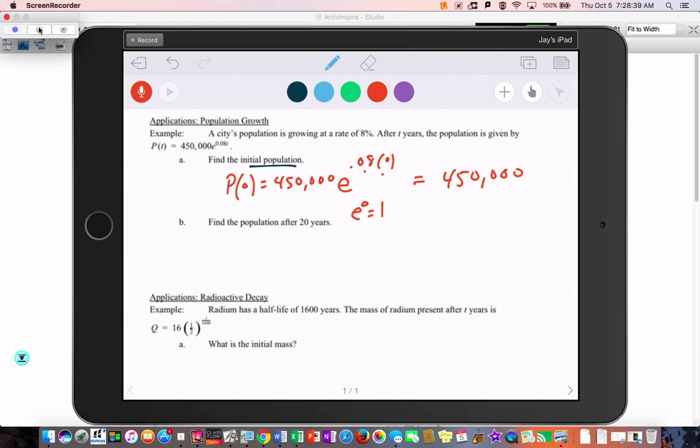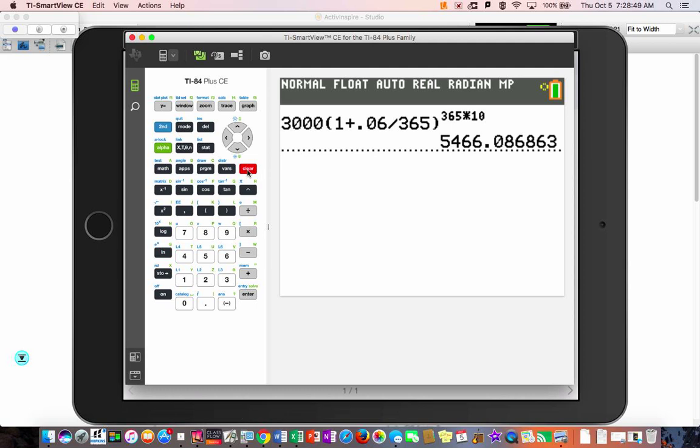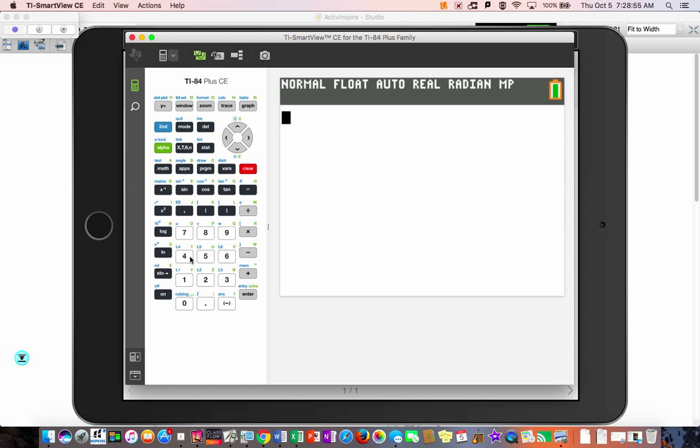Now put 20 in. So let's just go ahead and do that on the calculator. We're going to put 20 into our formula. So I have 450,000. And then I can go second ln 0.08 times 20.